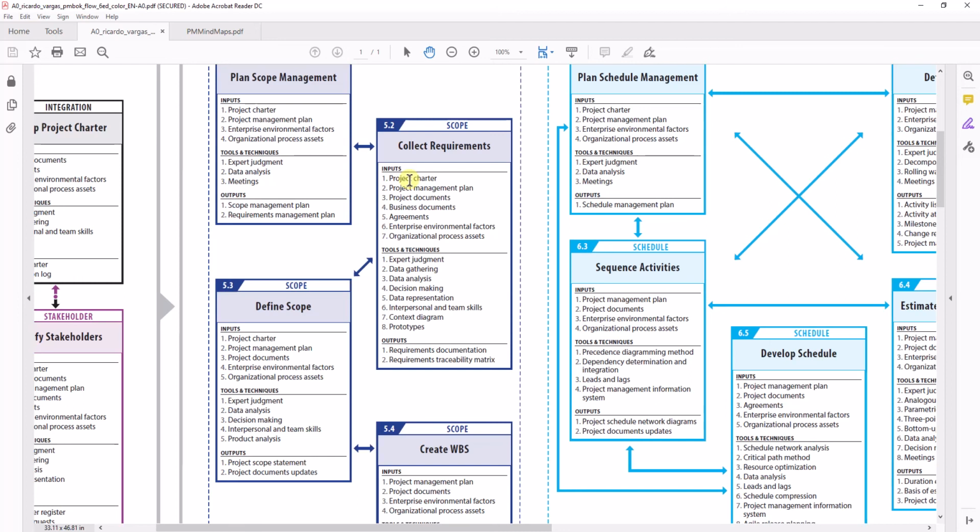Because PMBOK is basically just a framework. It's a set of best practices. You can tailor the processes, the tools and techniques for any purpose you need. Here you're using it for identifying, collecting the requirements and making sense of the requirements. In the context diagram, you're understanding the requirements better and trying to elicit more requirements.